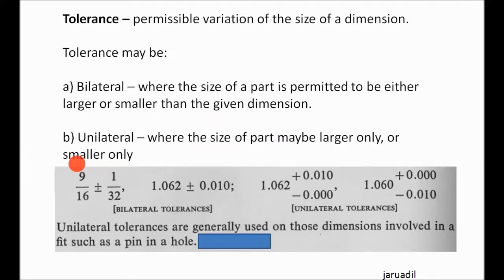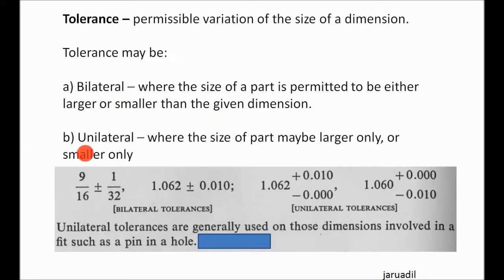Example niyan is itong nandito sa baba, 9/16 plus or minus 1/32. Ibig sabihin niyan, pwede siyang tumaas ng 1/32 dito sa 9/16 or pwede rin siyang bumaba ng 1/32 of an inch. Kaya tinawag siyang bilateral. Pwede siyang tumaas at pwedeng bumaba.